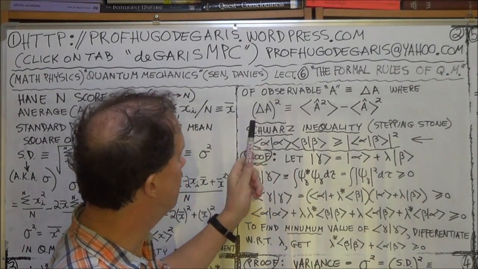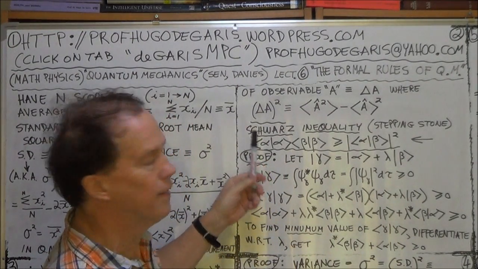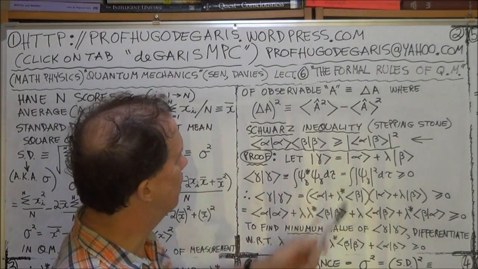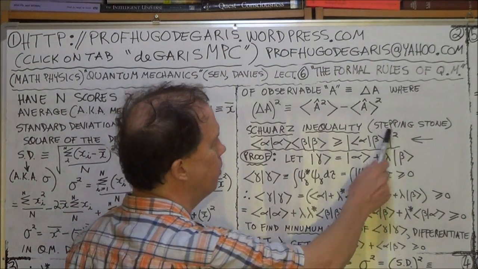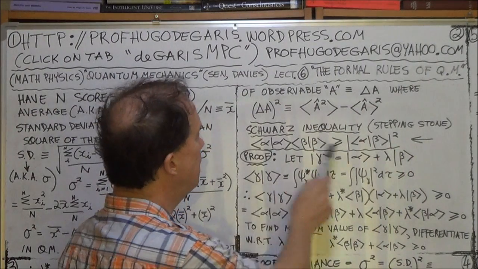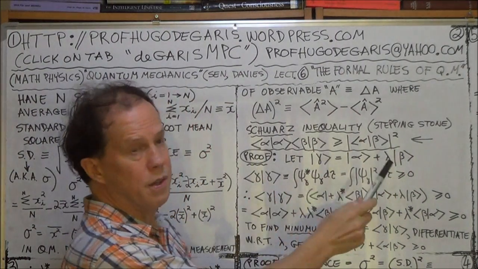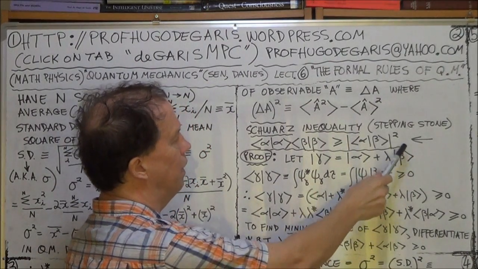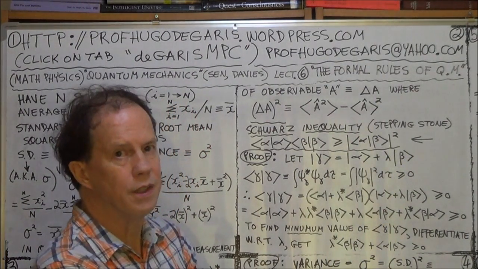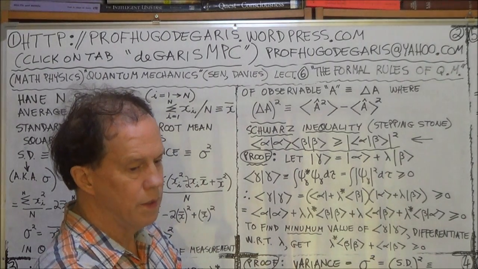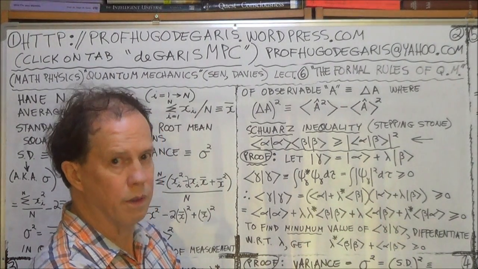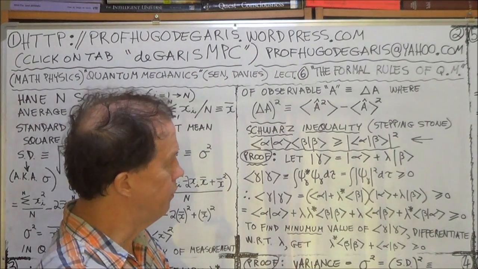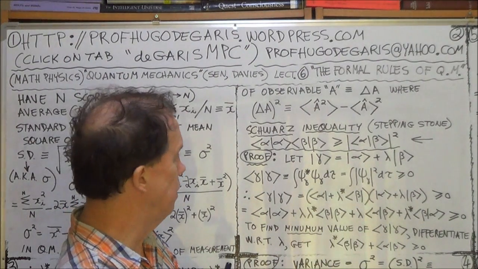So some guy, Schwarz, invented this inequality, and it's a stepping stone. I'll need this result. Here is the Schwarz inequality, just written out here. Got an arrow to highlight it. Schwarz's inequality is a useful result that gets used deriving the generalized uncertainty principle.